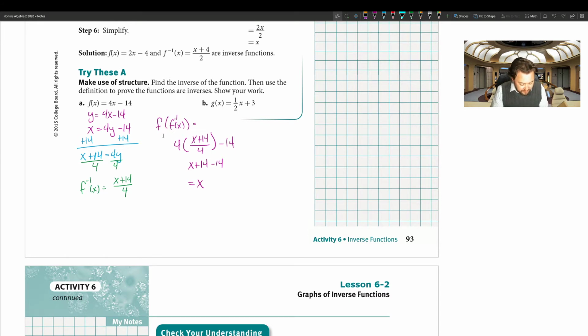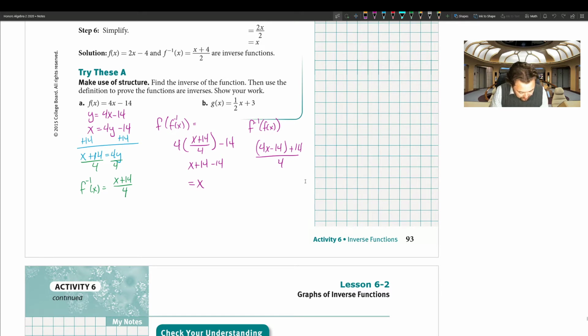Okay, so let's now do it the other way, which is to take our fraction and put the other thing in there. That would be 4x minus 14 plus 14 over 4. Looks gross, I know, fraction, it's okay. We don't have anything going on here, so it's just straight addition.